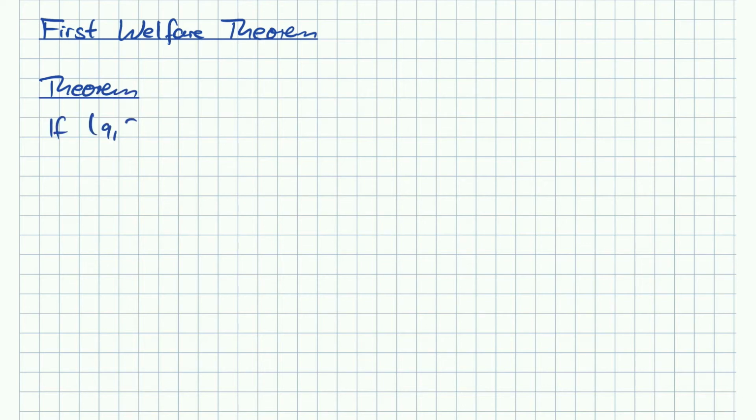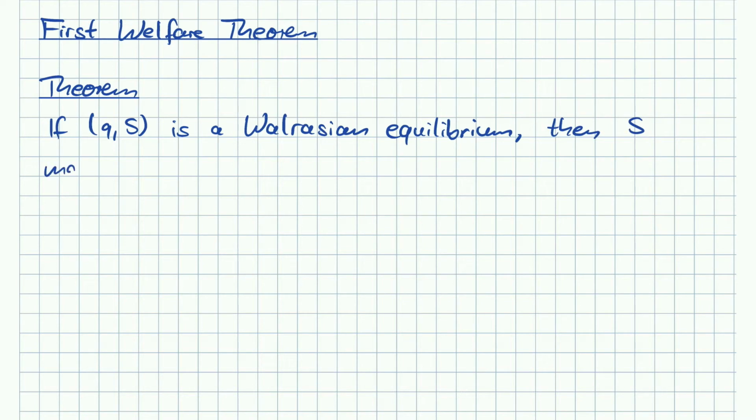If (Q, S) is a Walrasian equilibrium, then S maximizes social welfare.